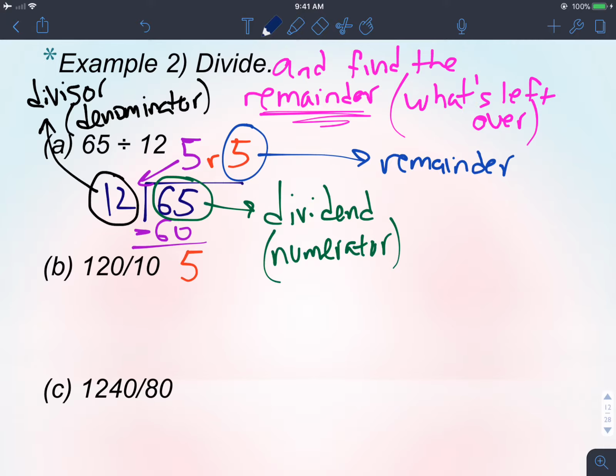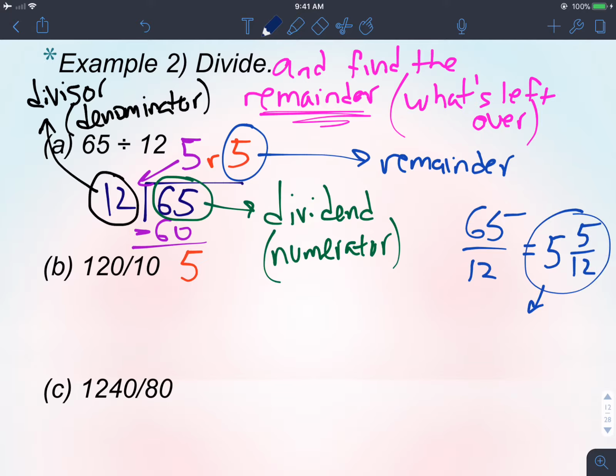We said you can write it as a fraction, right? So if you wanted to think of 65 divided by 12, well, it's 65 over 12, which is equal to 5 and 5/12, right? Mixed fraction.